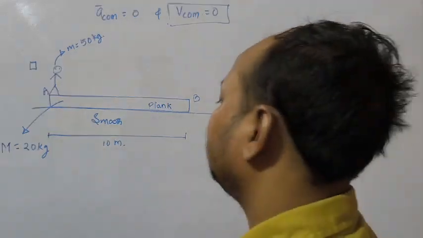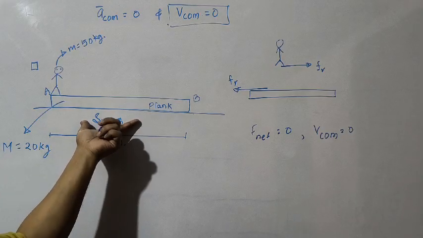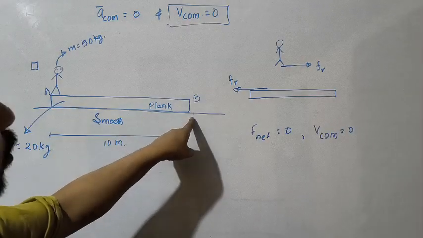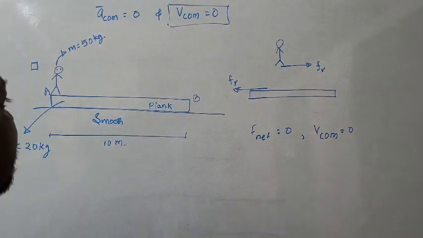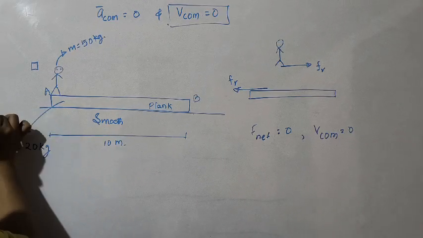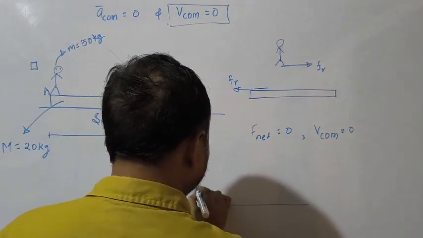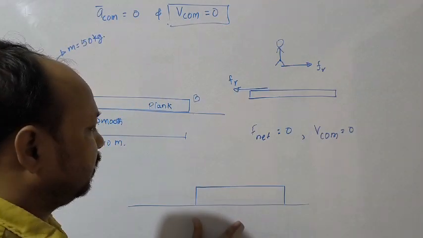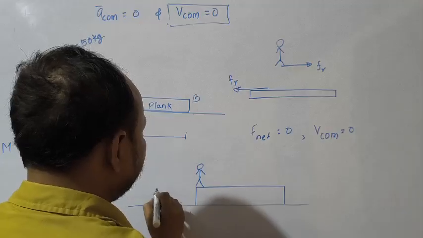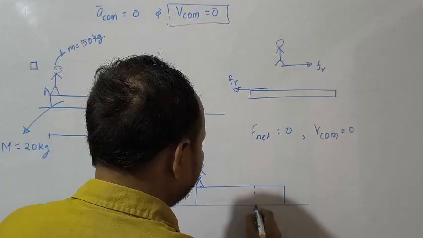So here I can write, if the center of mass is at rest, it means the center of mass will be at its initial position when the man comes to end B. Let me draw here: this was the initial situation and the man has started walking from A to B, and let's say the plank has shifted a distance x.